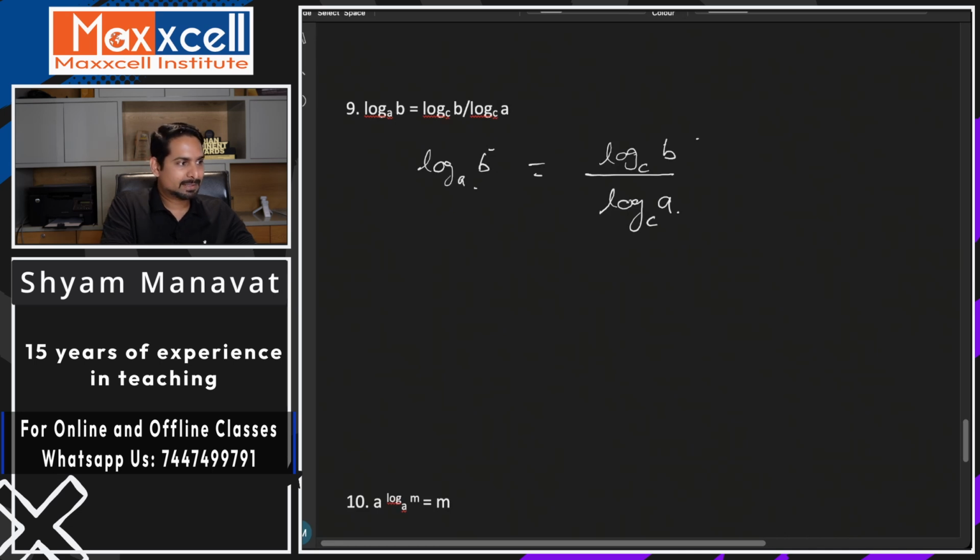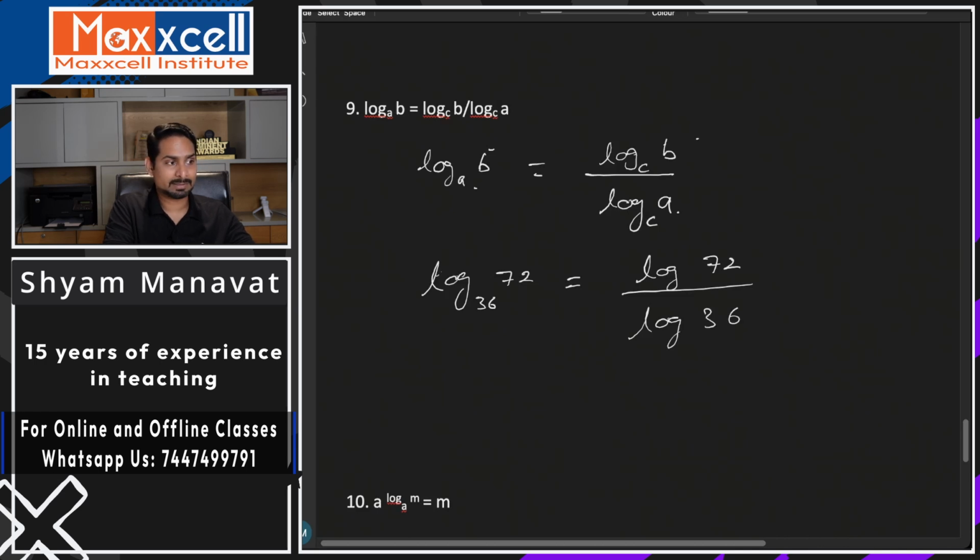Okay, let's take one example. Say log of 72, and here the base is 36. I can simplify this as log of 72 by log of 36, and whichever base I want to utilize to simplify this, I can take base 6 here.